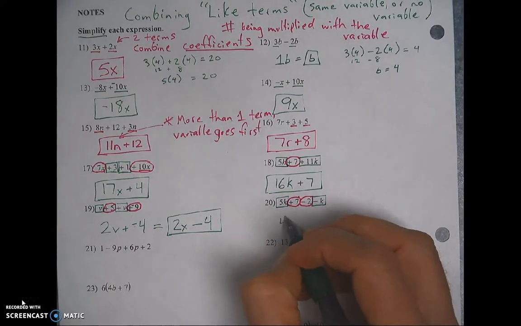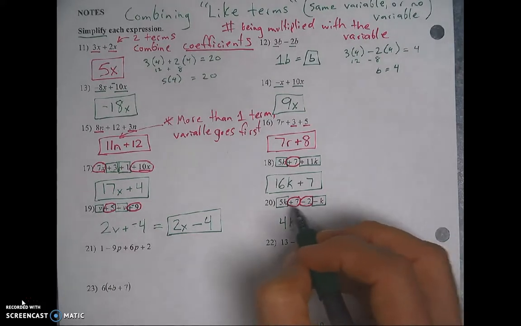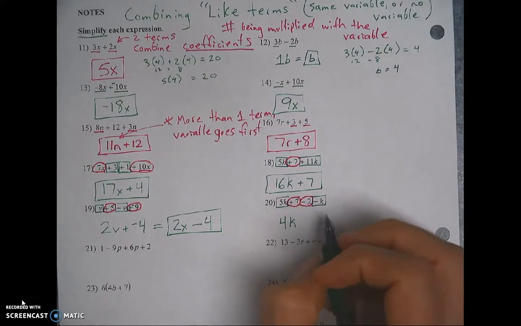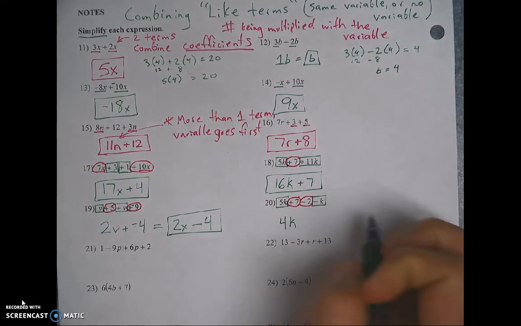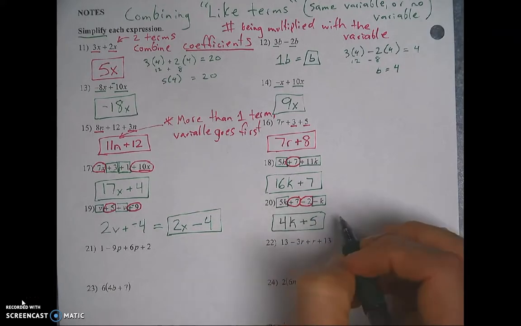Either way, that's giving me 4k. And then combine these two together, plus 7 minus 2. It's a 7 and a negative 2. Together they make a positive 5. So since it's positive, I'm going to put plus. If it was negative, I'd put minus 5. So the 7 and the minus 2 give me a 5.